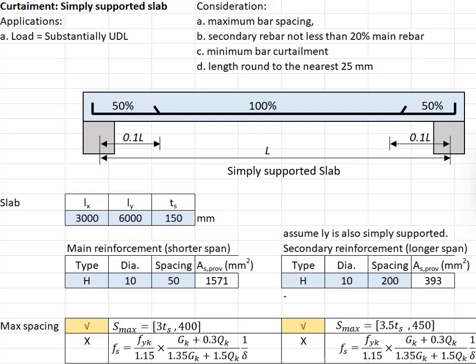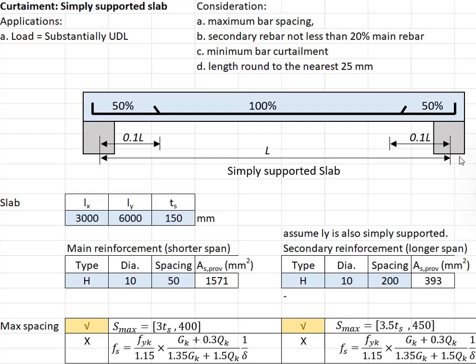This gives you additional considerations while doing the curtailments for the slab. Having the differences established, now let us look at the conditions when you can use these simplified rules for the curtailment. This rule is only applicable when the load acting onto the slab is substantially uniformly distributed load. Otherwise, you cannot use this.